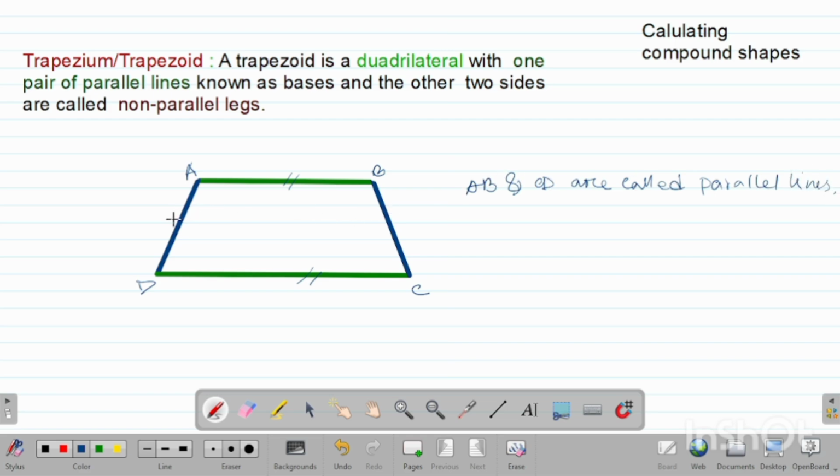And AD and BC are called non-parallel legs, non-parallel lines.